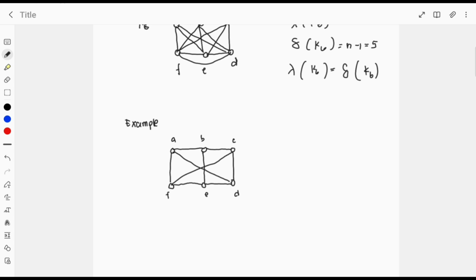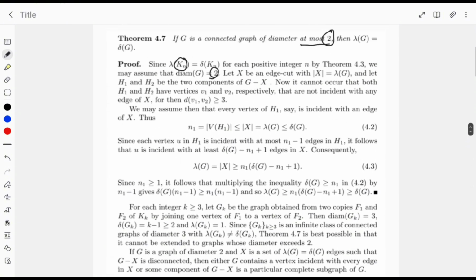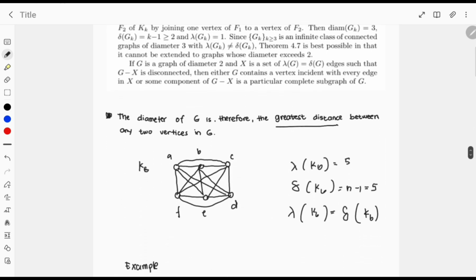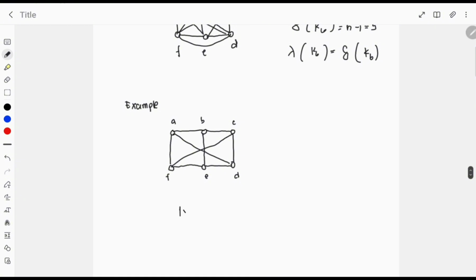So this property ensures that G is highly connected. Now let's define the edge cut. Here we let X be an edge cut of G with the cardinality of X equal to lambda of G. This is the edge connectivity, the minimum number of edges that need to be removed to disconnect the graph.